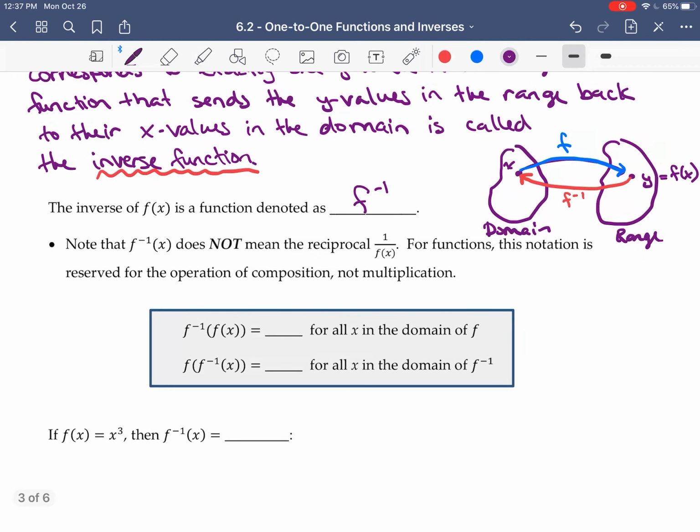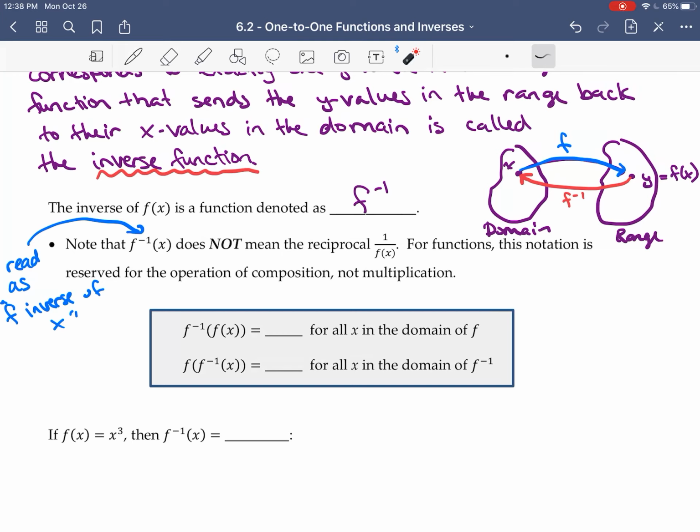Now, be careful. f to the minus 1 of x, we read as f inverse of x. It does not mean the reciprocal.